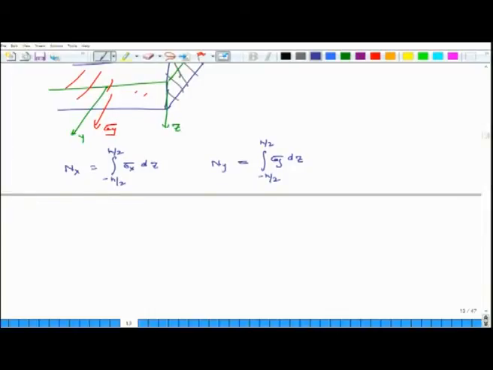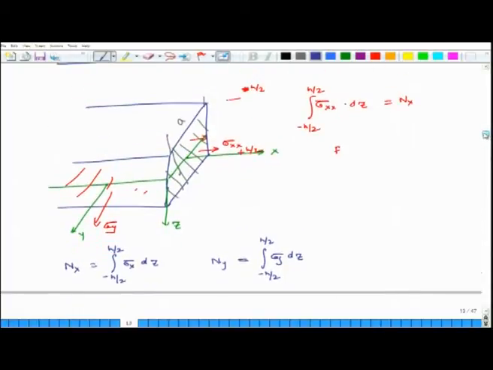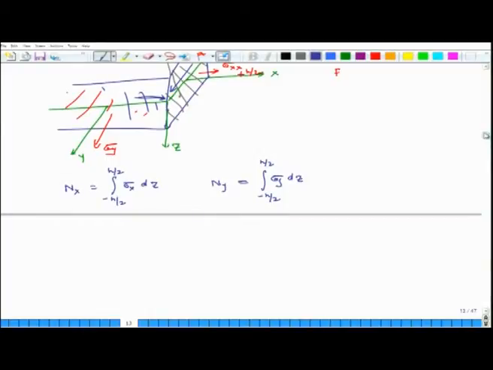And the last force resultant is called Nxy, and it is basically the integral of shear. So, this is sigma xy. If I integrate sigma xy on this entire surface, then I get the force resultant Nxy.